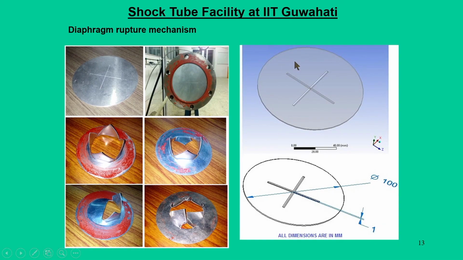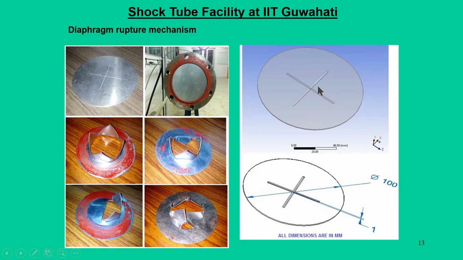Now, if you look at this particular diaphragm, this is its initial shape. Ideally, we can put this diaphragm in place and as we keep filling, it will rupture. Our main requirement is that the rupture should be instantaneous. If you want instantaneous rupture, you must create some kind of indentation on the diaphragm, so that the weak location ruptures first, and when it ruptures, it should rupture instantly.